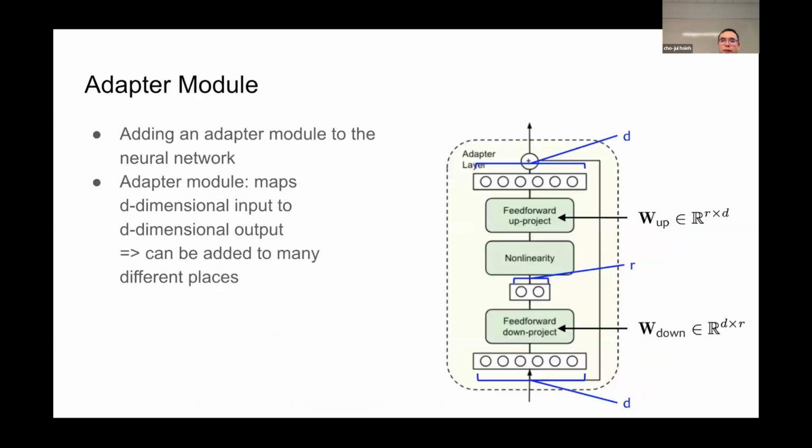But the problem with this approach is that you add some additional inference cost to the neural network. Imagine you're adding this component into a fully connected layer.